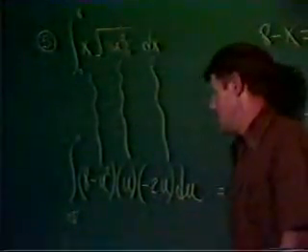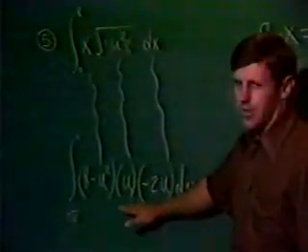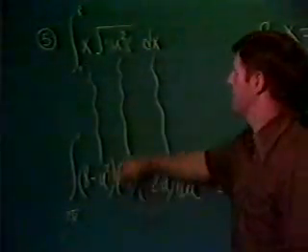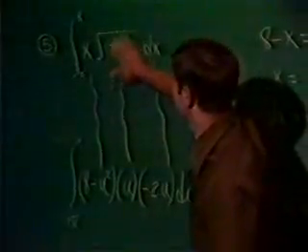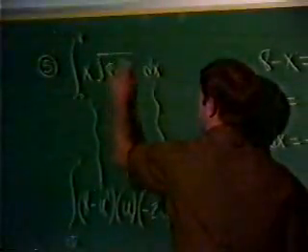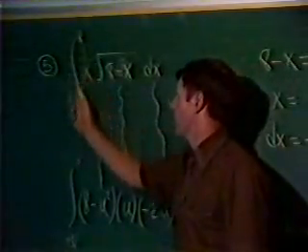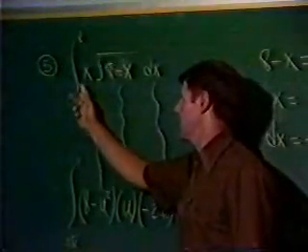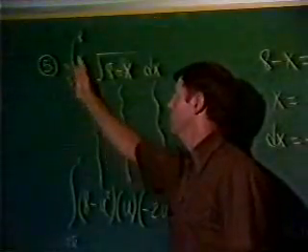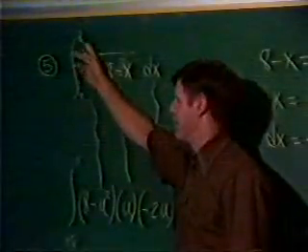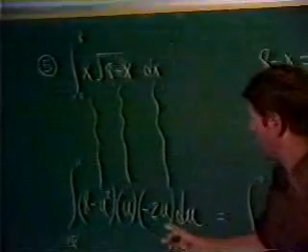Now, we have changed the variable from x to u. These limits were for x. These limits say x ranges from 0 to 8. They are not the same limits for u.